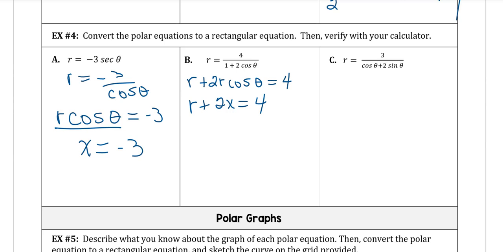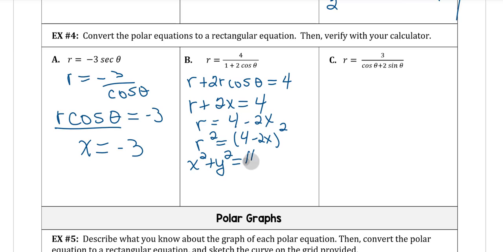So let me solve for r, and then I can use the r conversion. So if I square both sides, I get r squared equals (4 minus 2x) squared, so that r squared is x squared plus y squared. And I can expand this if I want, and I get 16 minus 16x plus 4x squared.